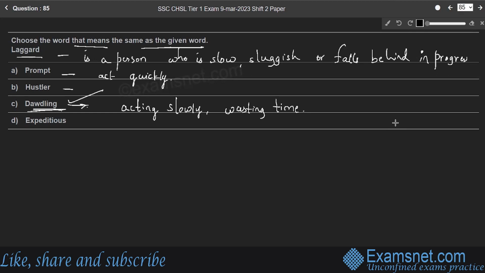Whereas hustler, option B, refers to someone who works energetically and ambitiously, often with a focus on achieving success or financial gain. Whereas expeditious means quick, efficient, or done with speed. Therefore, dawdling means the same as the given word, option C.